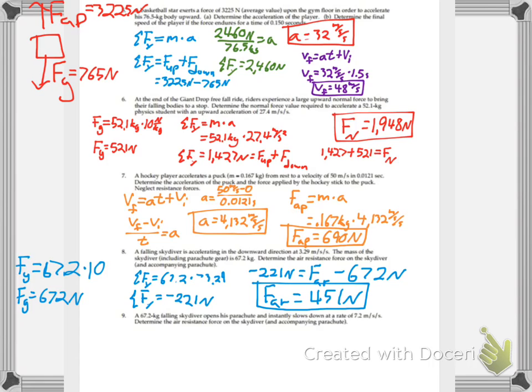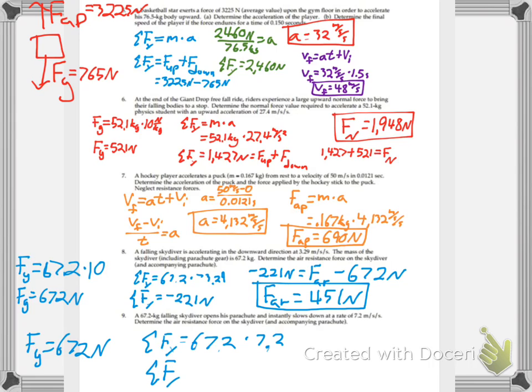The same skydiver opens his parachute and slows at a rate of 7.2 meters per second squared. So now he has an upward acceleration. His force due to gravity is still 672 newtons. But now as we find the sum of his forces in y, his mass is the same, 67.2, but now his acceleration is 7.2 in a positive direction.